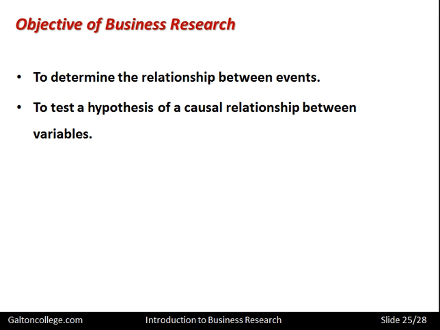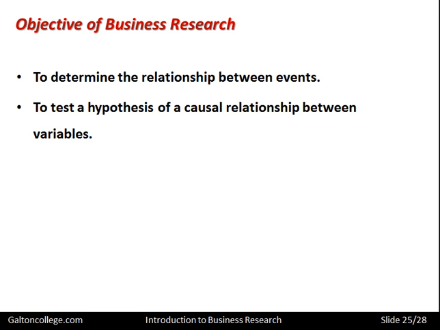There should be a causal relationship between the variables. The variables must be linked. One must cause the other. So if a company reduces its price, will more of its product be sold? Is there a causal link?